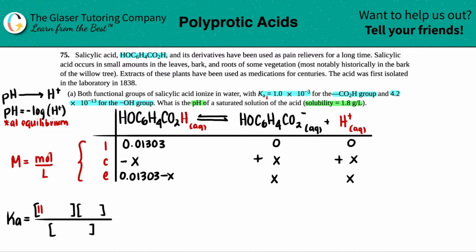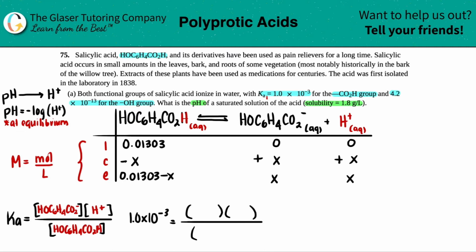So in this case, it would be HOC6H4CO2 times H plus, and then the salicylic acid, HOC6H4CO2H. So now the Ka value, 1.0 times 10 to the negative third equals the two values on the top times by the one on the bottom.